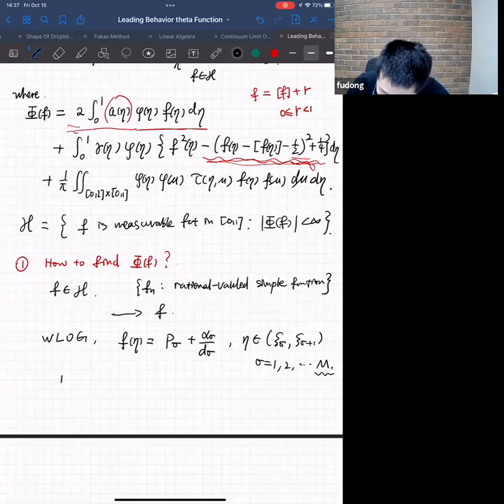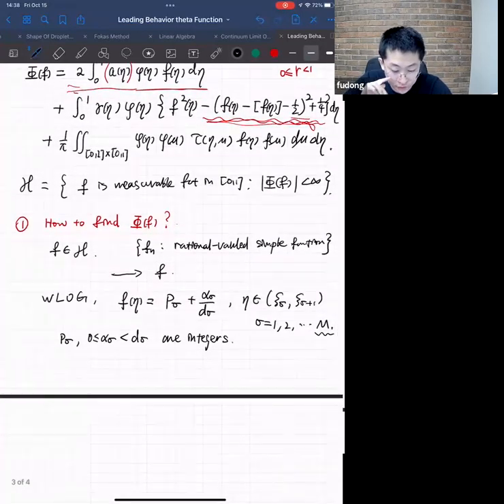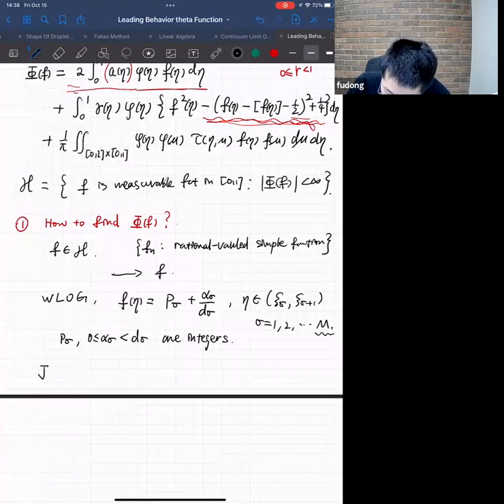And p sigma, alpha sigma, d sigma are integers. Now, we can also define this: J sigma is the index set J such that eta j belongs to this interval.